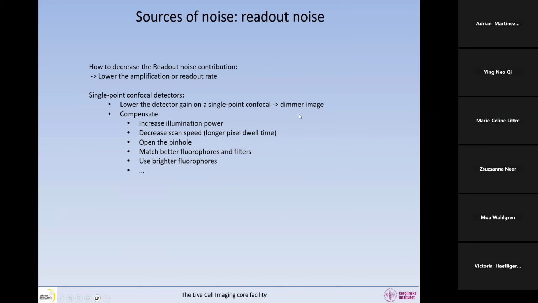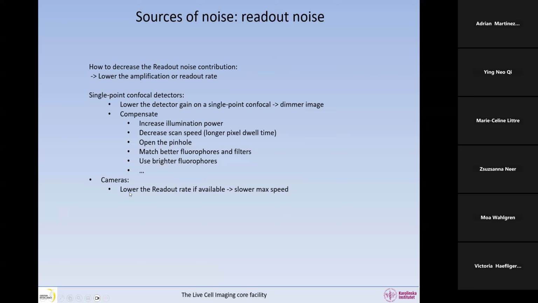If you lower your detector gain, the image is going to be dimmer, and therefore you have to compensate by increasing the illumination power, or maybe decreasing the scan speed, so longer pixel dwell time. You need to open the pinhole maybe, and of course you need to do your job with the sample. So do not push the detector gain very high. It is better to increase the laser so that you do not create noise.